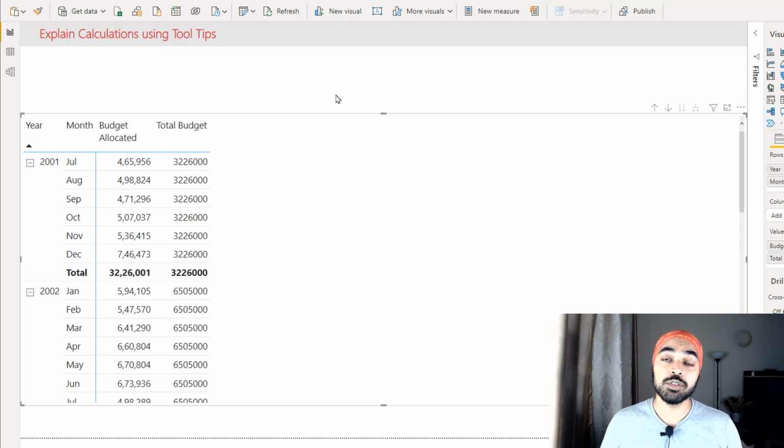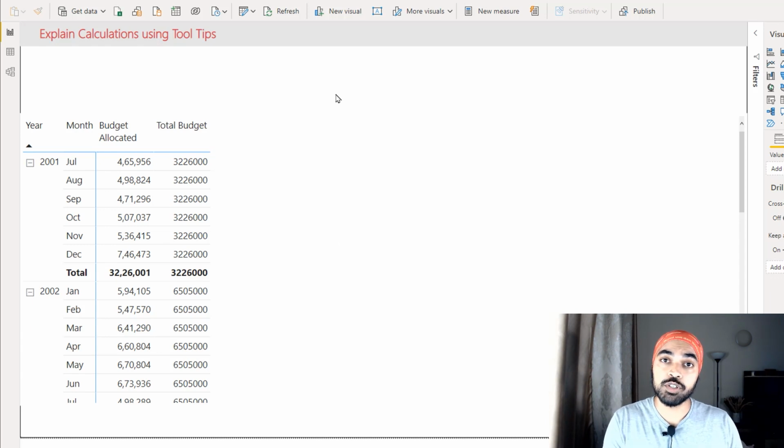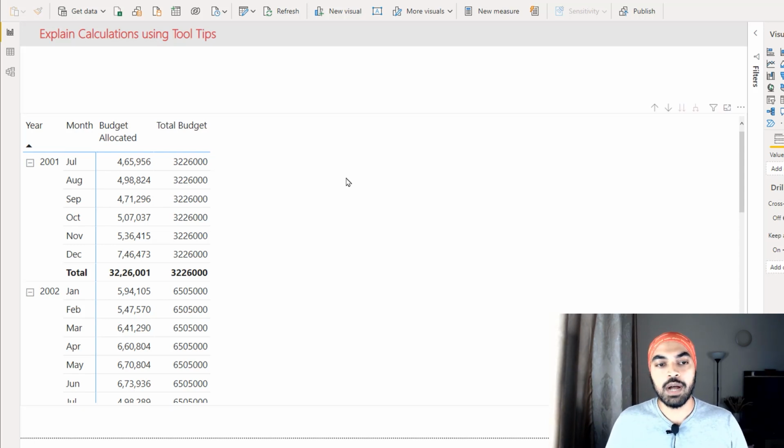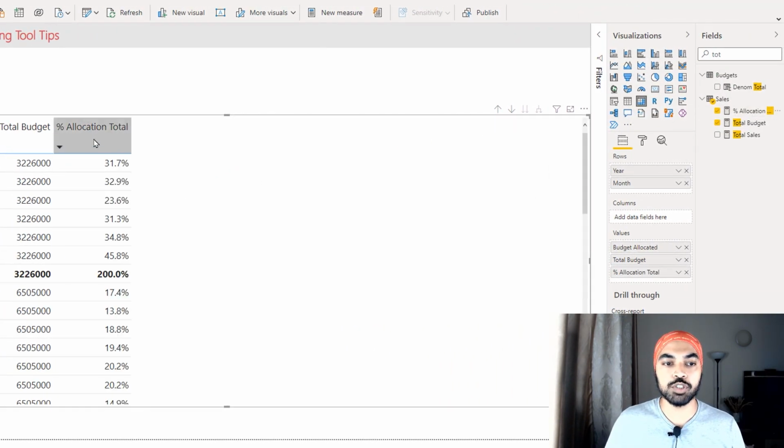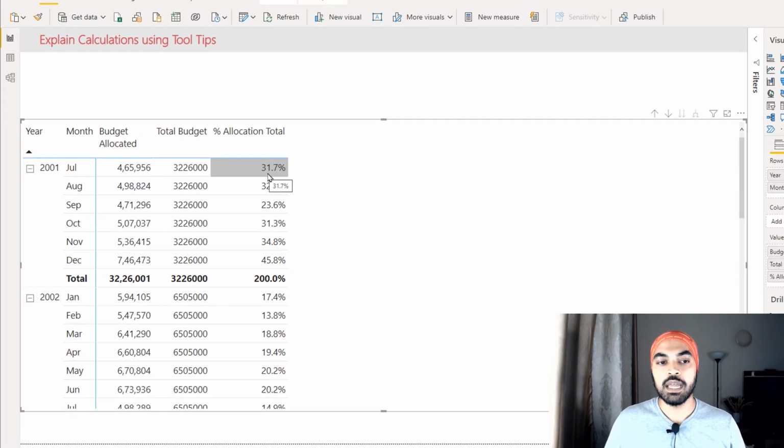The next thing that I'd like to know is that if the total budget was 3.2 million, how much was allocated in the month of July, right? It'll be nice to know that, right? So I have created another calculation, which is nothing but percentage allocation of the total, and that happens to be 31.7%. But do not get mistaken.